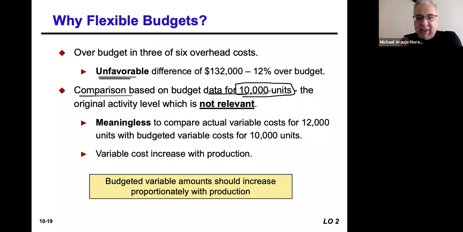So it's not relevant. It's really quite meaningless. You can't really use it. So we really need to start using multiple static budgets at various production levels. So using a static budget for 10,000 doesn't work when you've produced 12,000. So what do we do?